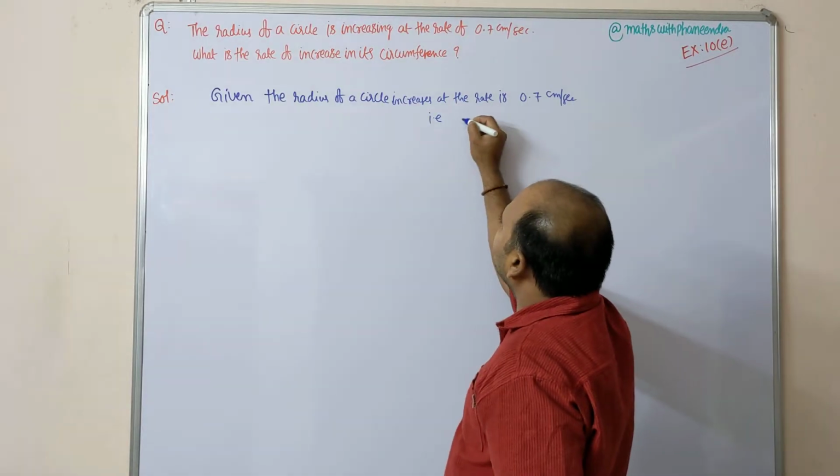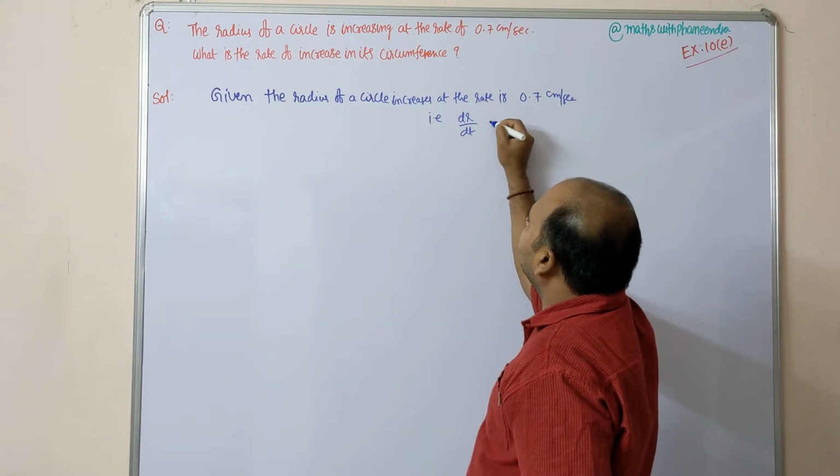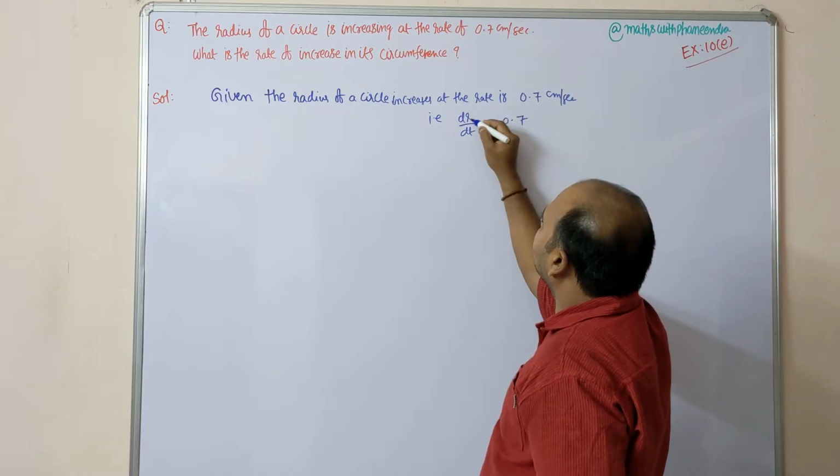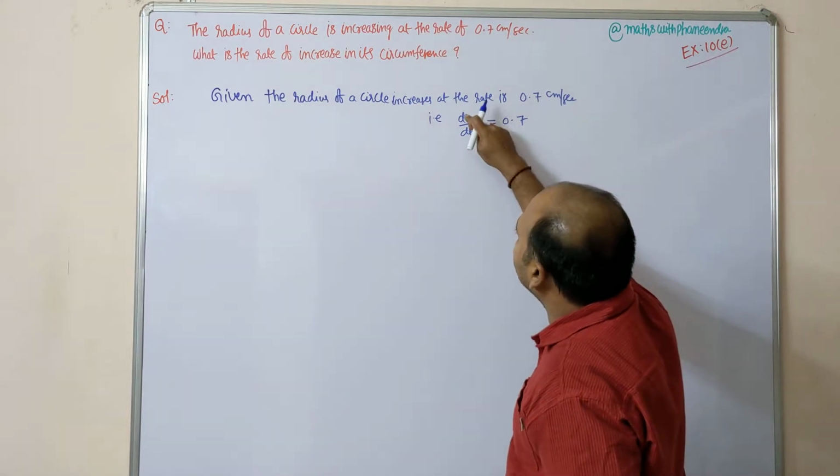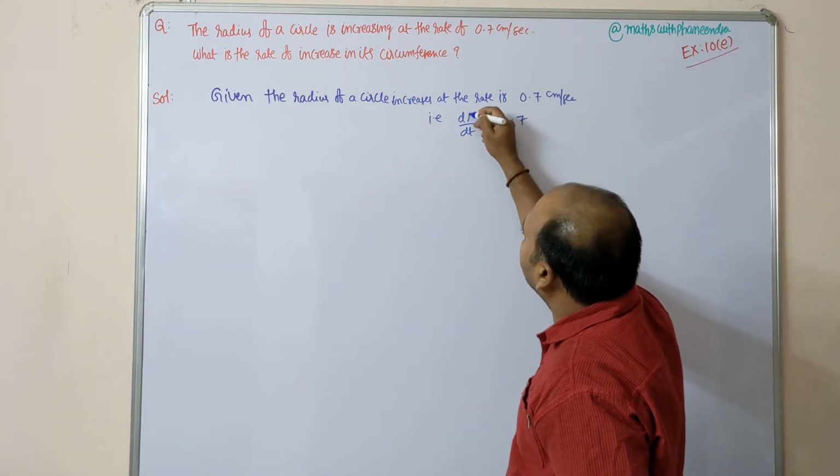That is dr by dt is equal to 0.7. The rate of change of radius is denoted by dr by dt.